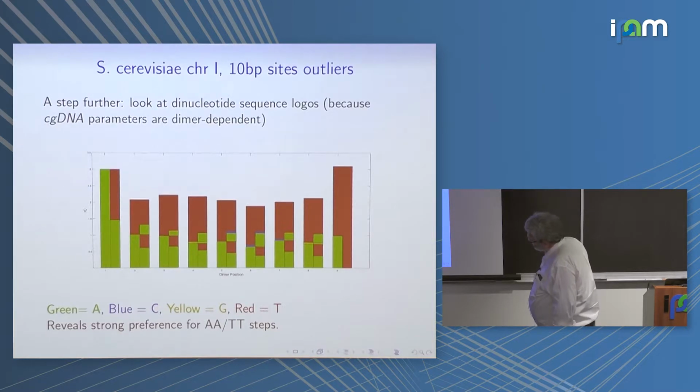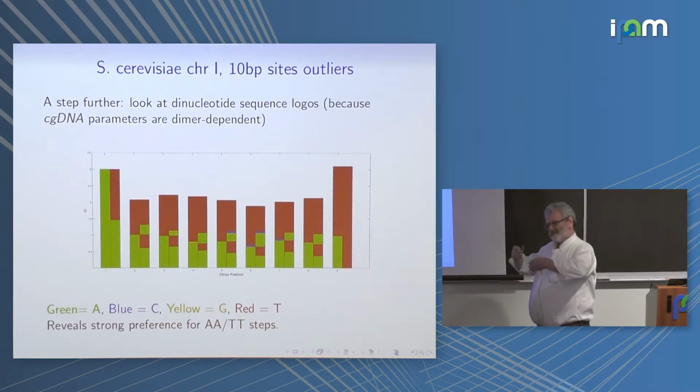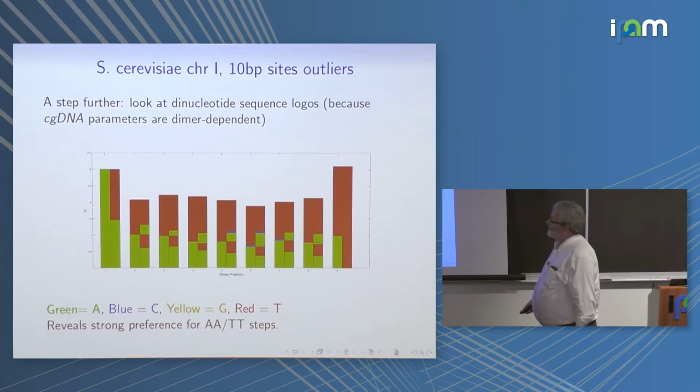Now, if I didn't go too fast, the cgDNA PDF depends upon dimer steps. So it's not actually enough to know the frequency of each base. You need to know the frequencies of each base pair step, right? Because it was a KXY. And so now you can look at the dinucleotide step sequence logos.